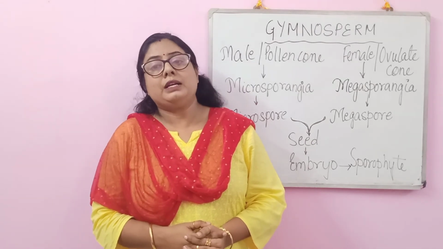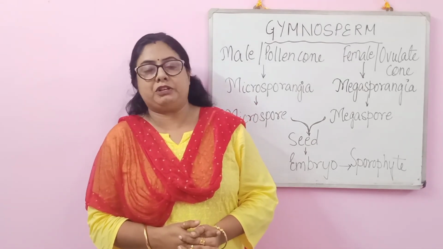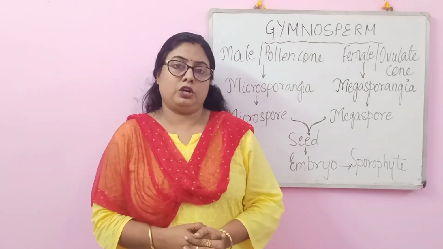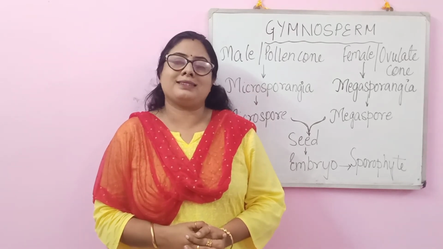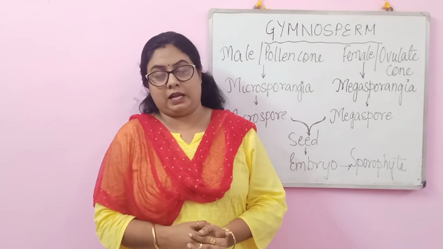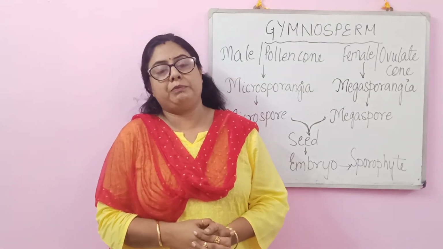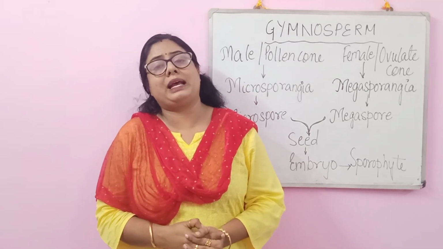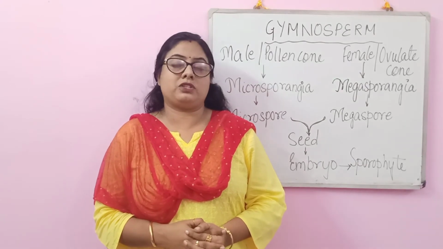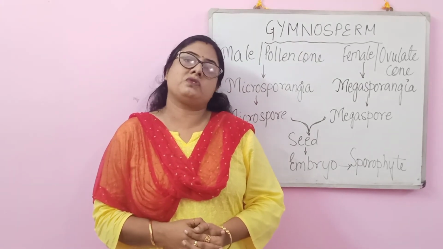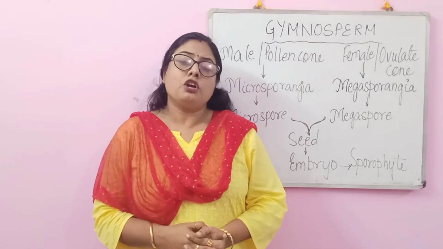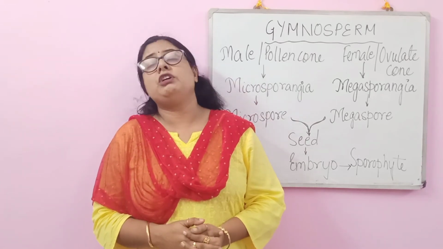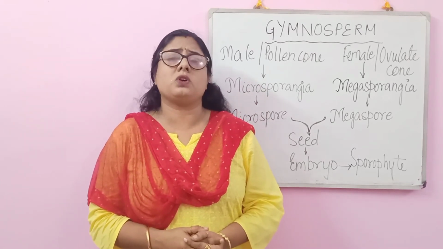One megaspore develops into the female gametophyte, which can have 1 or 2 archegonia. The pollen grain, which has a generative and vegetative cell, fuses with the female gamete and forms what is known as the seed. The seed gives rise to the embryo. The embryo gives rise to the sporophyte. The sporophyte again bears sporangia, which develop into the male cone or the female cone, and the life cycle goes on and on.